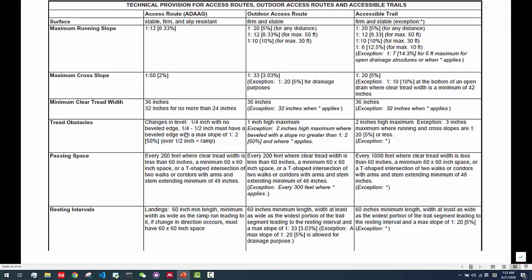And this is just another chart with different categories, and what kind of surface, running slope, cross slope, minimum clear tread width, tread obstacles, passing space, resting intervals.